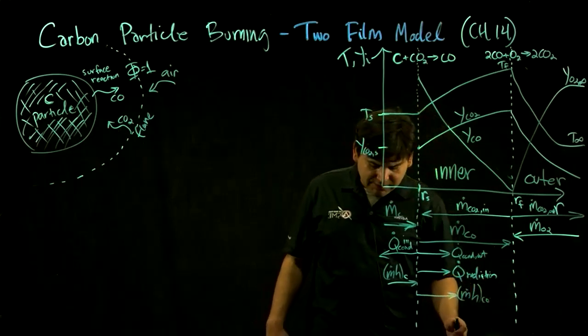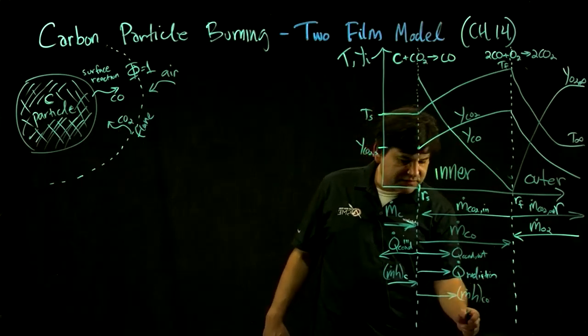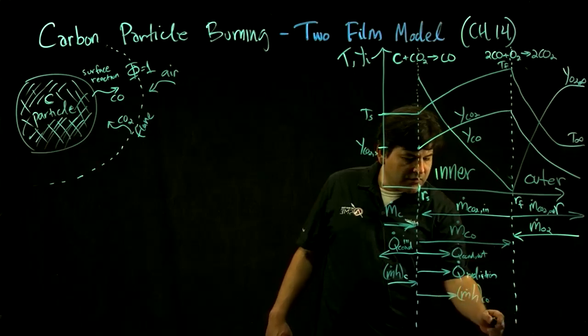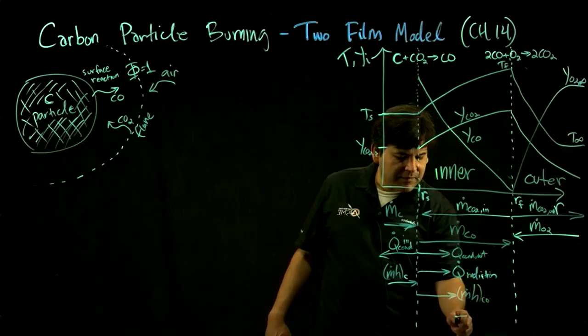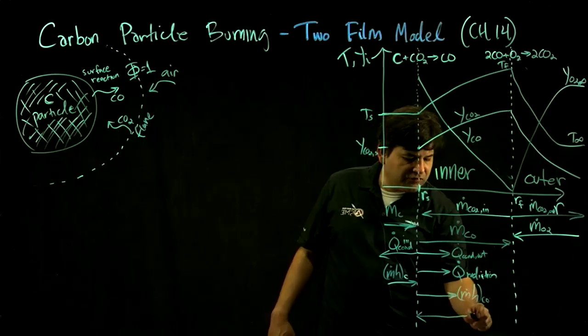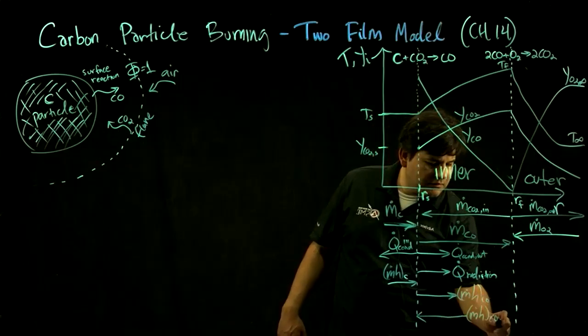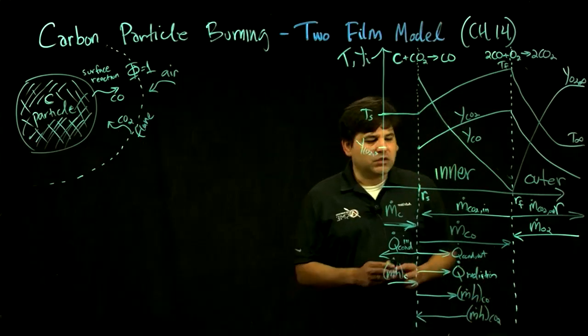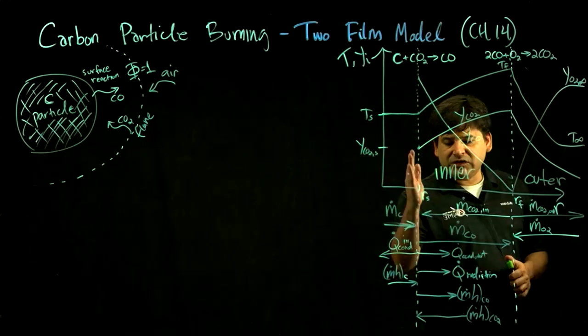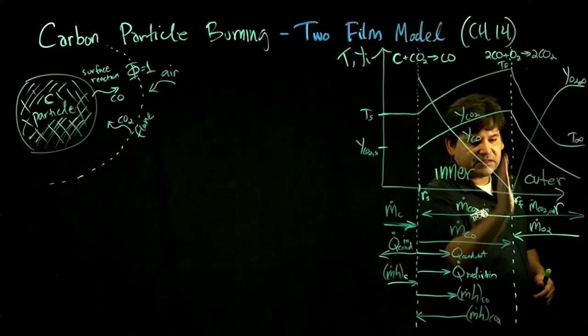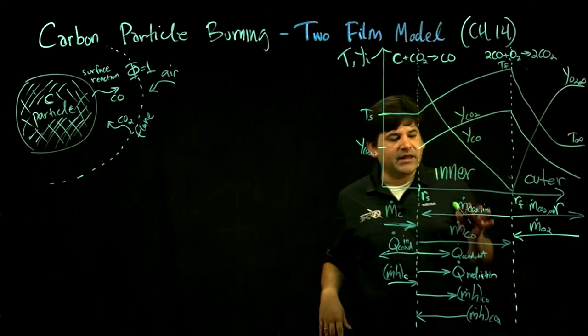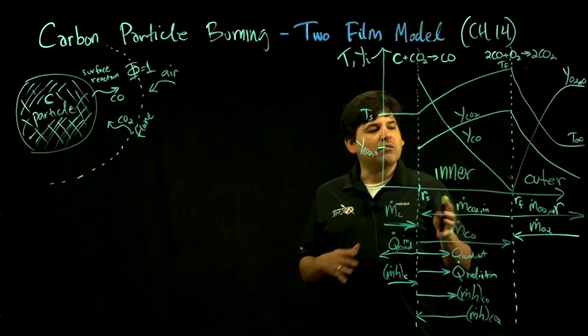And then coming in, it's the CO2 from the flame sheet to feed the surface reaction. So that's the energy balance at the surface. There's another balance at the sheet. We don't need that to get most of the equations.